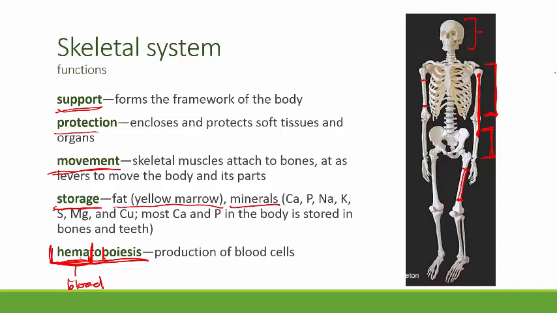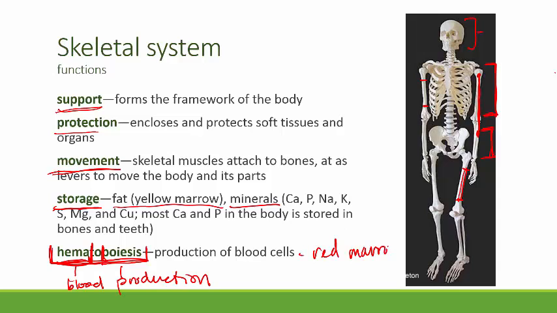So hemato, and then poiesis, this root, I think of it as meaning production. So hematopoiesis is all the processes that lead to red blood and white blood cell production. And that is a function of the red marrow in bones.